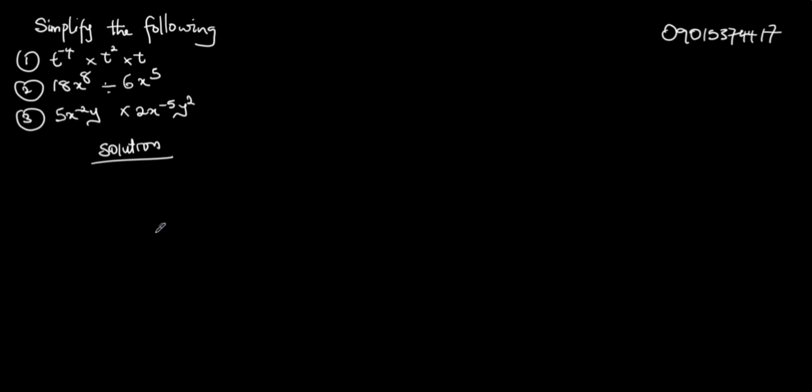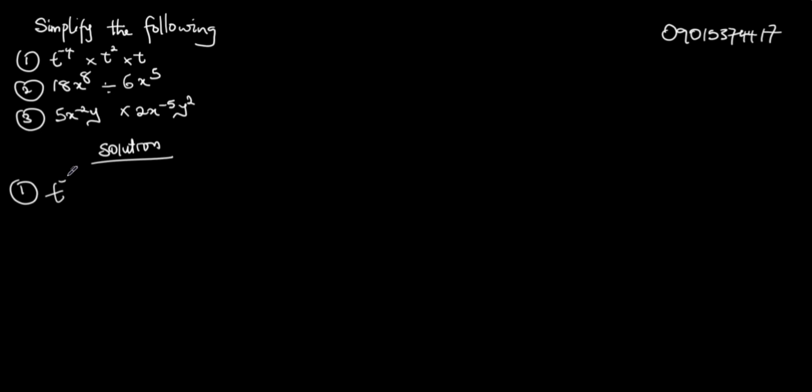We've learned the laws of indices. So for question 1, we are applying the multiplication law of indices that says if the bases are the same, you pick one of the bases and then you add their indices.